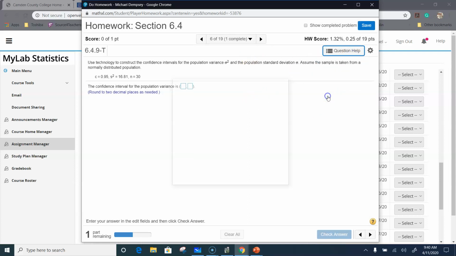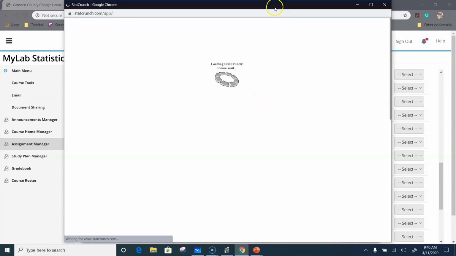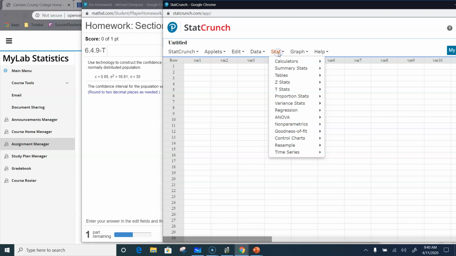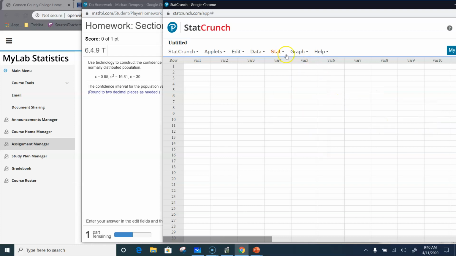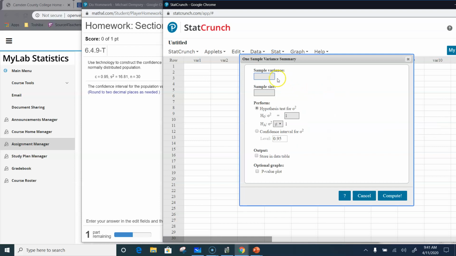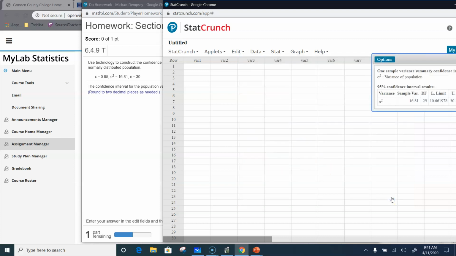There it is, there's StatCrunch. Okay, so if I go to stat, variance statistics, 1 sample, oops. And this is where I say with summary, okay? What's the sample variance? It's 16.81, okay? What's the sample size? 30, okay? We want a confidence interval, 95. And we just compute it, okay?